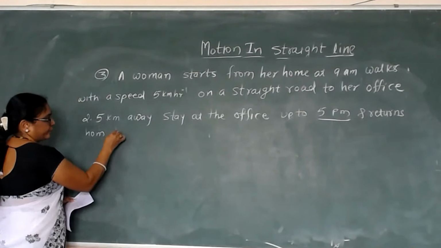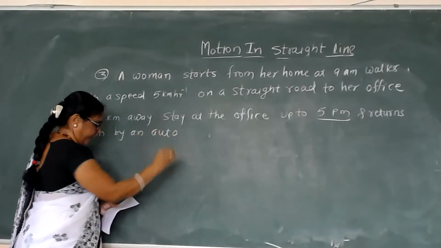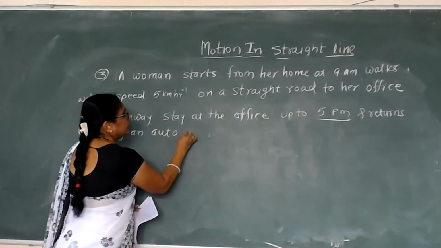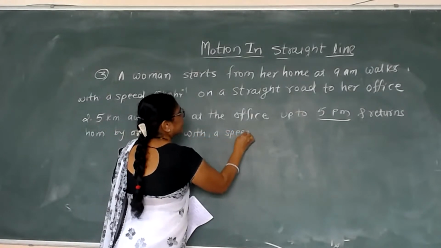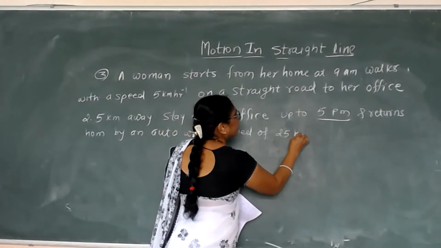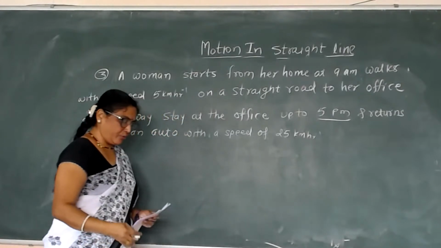by an auto with a speed of 25 kilometers per hour.